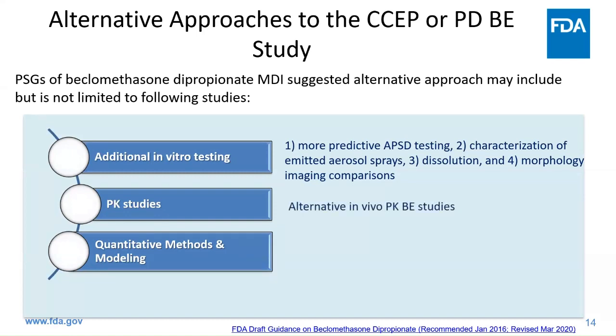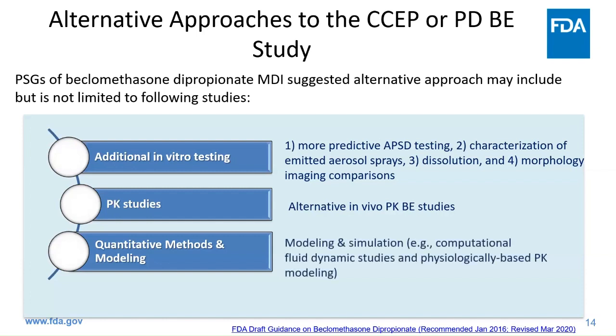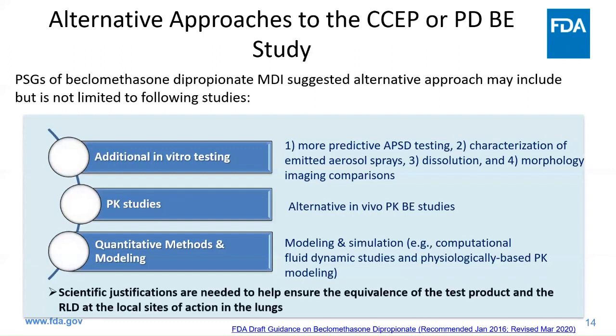It can also include additional in vivo PK BE studies, and quantitative methods and modeling, such as CFD models and PBPK modeling. Overall, the alternative approach should provide scientific justifications to help ensure the equivalence of the product at the local site of action in the lungs, which is what the clinical endpoint study is representing.